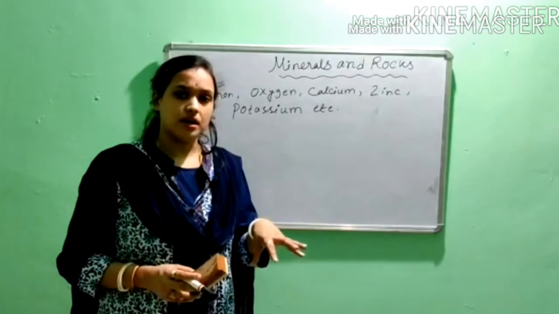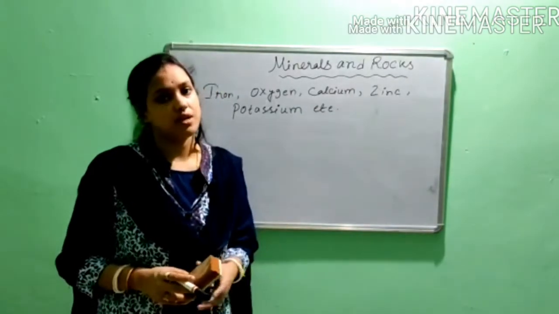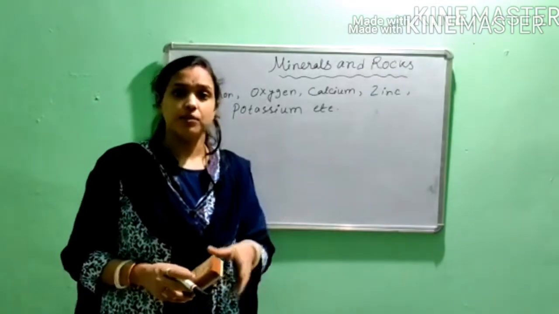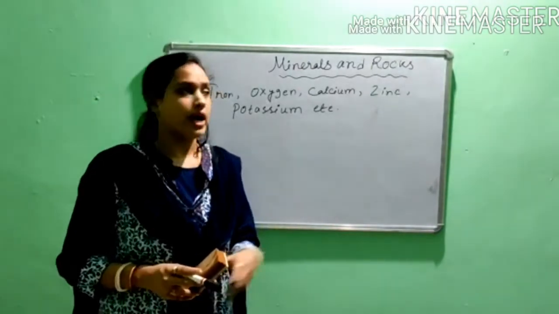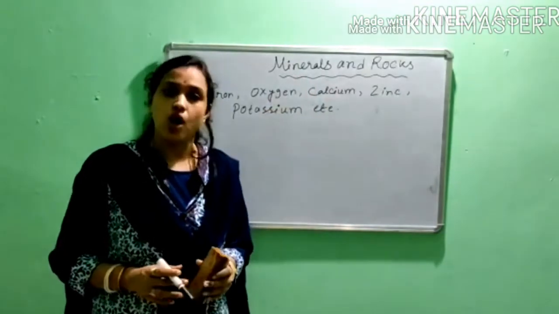They are always found in a mixture of other elements to form various types of substances, and this type of substance is known as minerals. Minerals may be metallic, may be non-metallic.